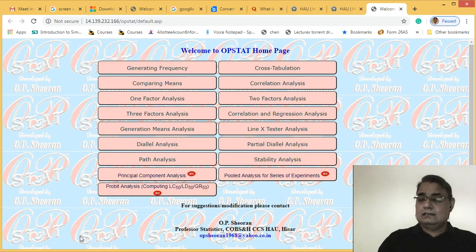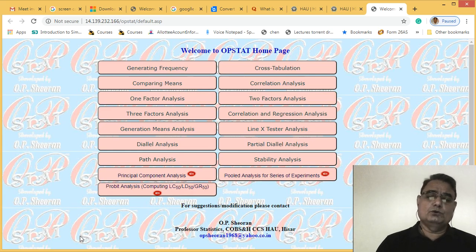Then path analysis, again a very important biometrical technique, to study the direct and indirect effect of all the characters on yield or some other character of your interest. So path analysis can be computed from raw data, or you can say replicated data. You can compute the path analysis from correlation matrix if you have observation without replication and various characters are there.